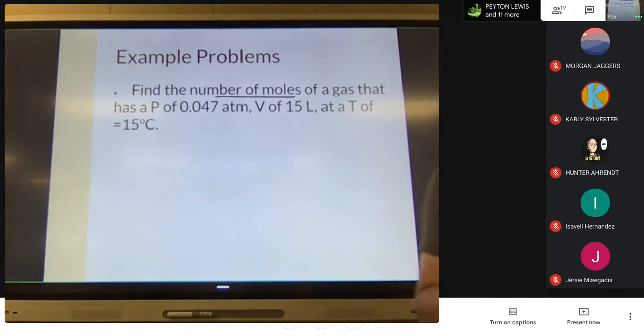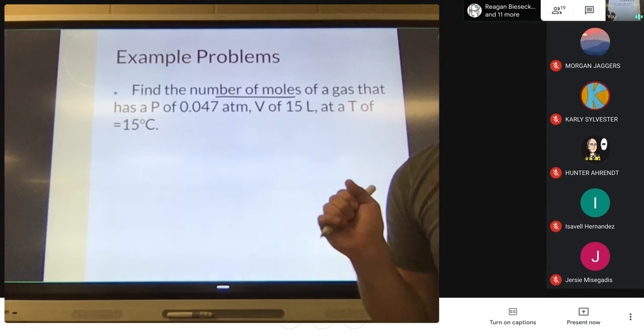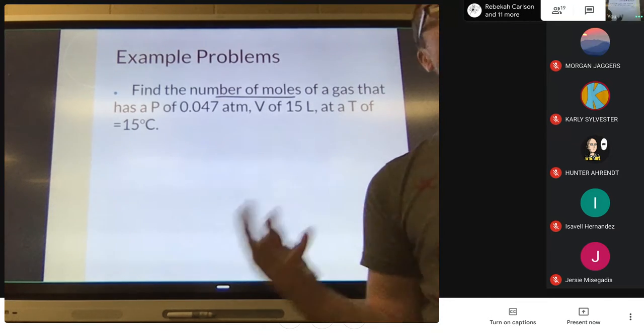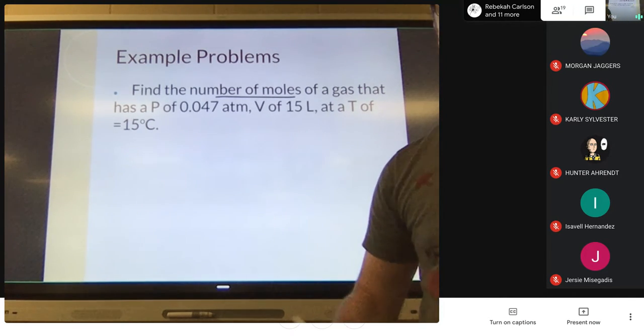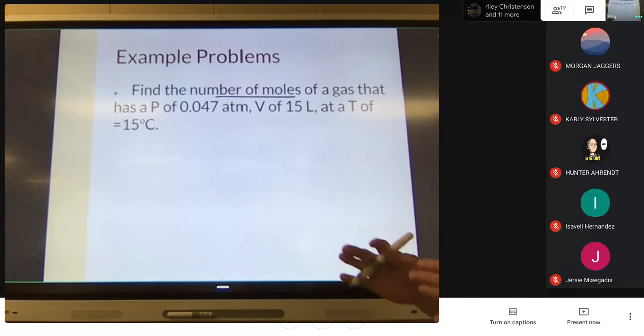What makes this stuff difficult is when we combine all of it together: you have the old gas laws, you have this gas law, and it's like, what am I doing here? You'll know you have to use the ideal gas law because they're giving you all the factors and asking for the number of moles. We're going to label each thing and make sure we can plug it into the equation.